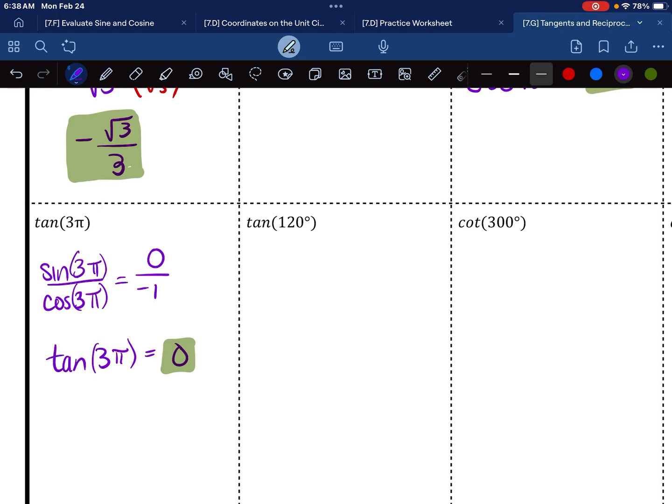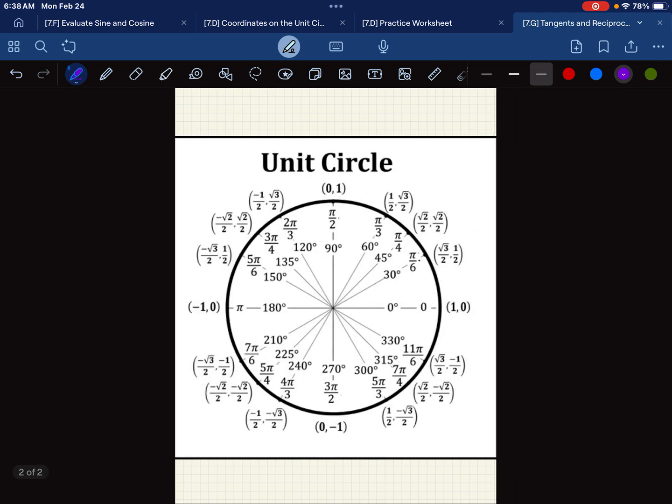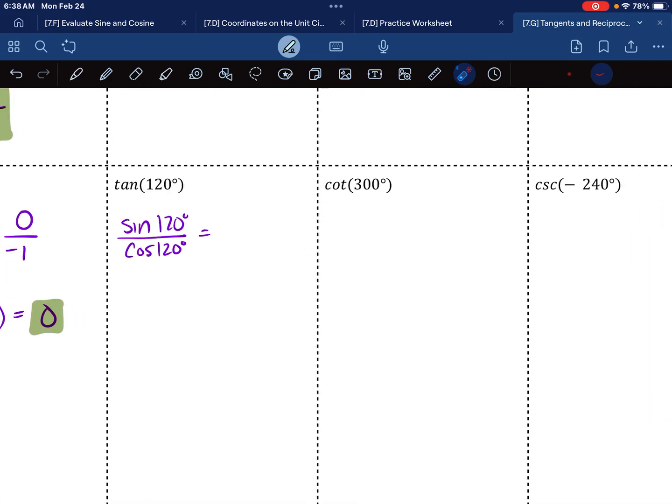All right, so the tangent of 120, again, I'm going to find the sine of 120 and divide it by the cosine of 120. So I go to my unit circle. 120 degrees is here. So the sine is root 3 over 2, and the cosine is -1/2. So I have root 3 over 2 divided by -1/2.